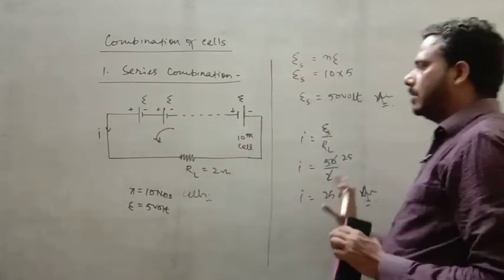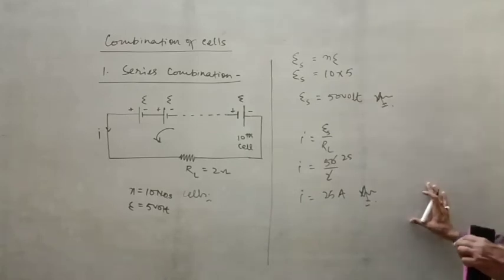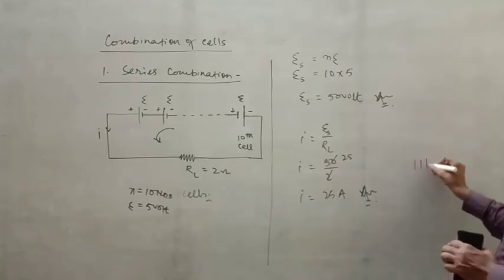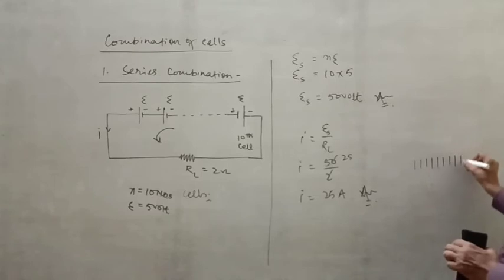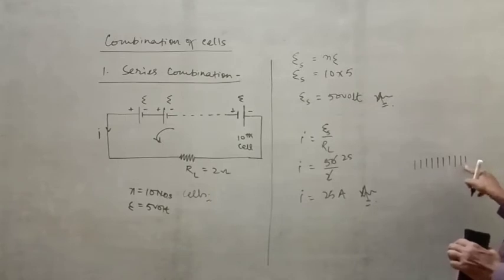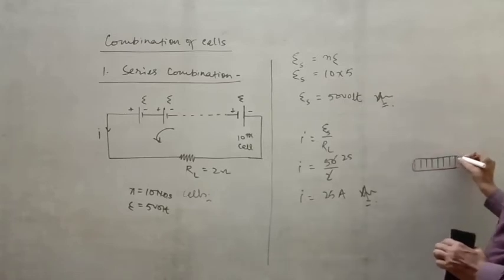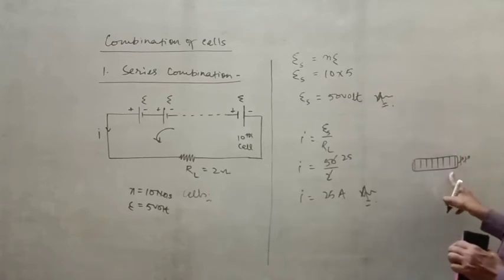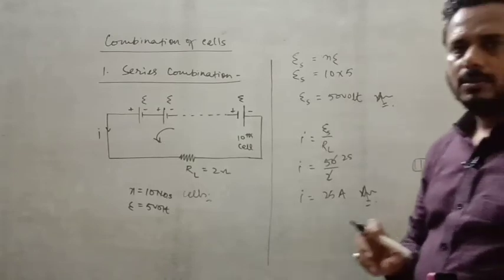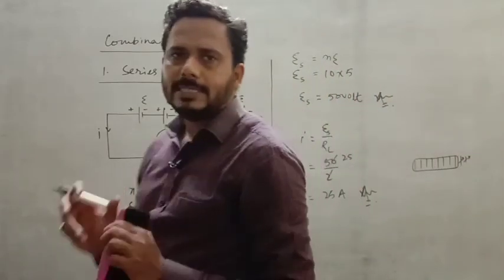You simply understand that you have 10 cells, 1 2 3 4 5 6 7 8 9 10. The 10th cell is connected inverted in direction, so its magnitude cancels its previous one, so your net will be just the combination of 8 cells only.